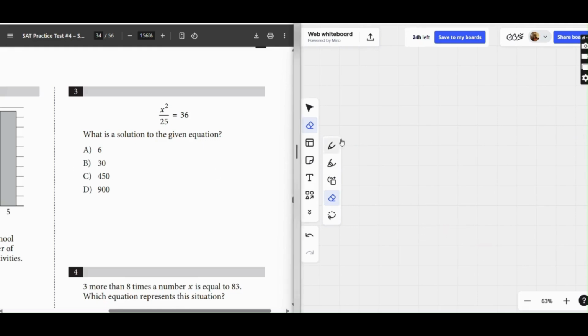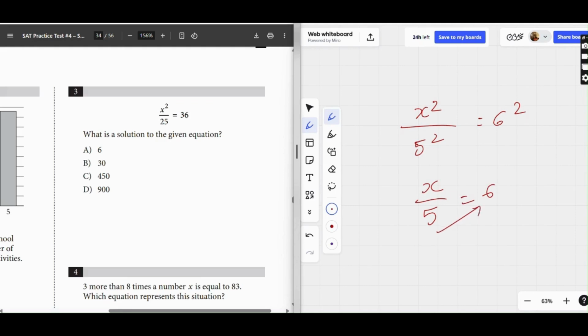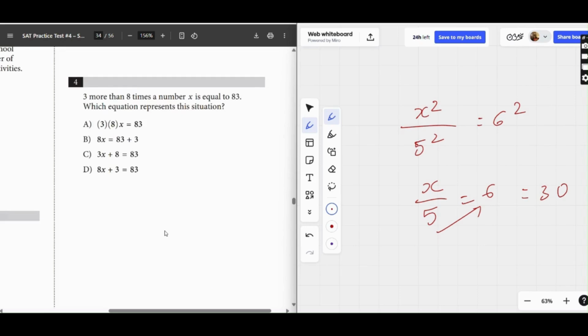It's simple. You've got everything in a perfect square: x squared, 5 squared, 6 squared. And you can write it as x over 5 equals 6, so x equals 5 multiplied by 6, which equals 30. You go for option B. So always make sure you're making use of the mathematical tricks that you know in this test.